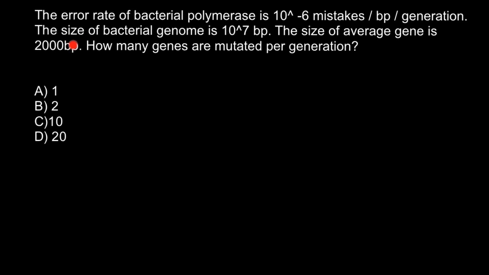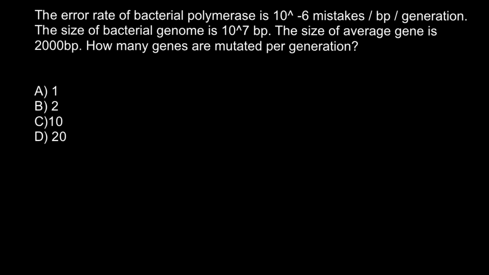And actually the size of the average bacterial gene is about 1200 base pairs. But as I explained earlier, this number is not important and doesn't affect our calculations. So how many genes are mutated per generation?